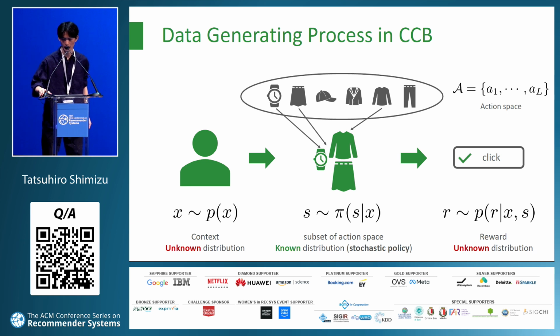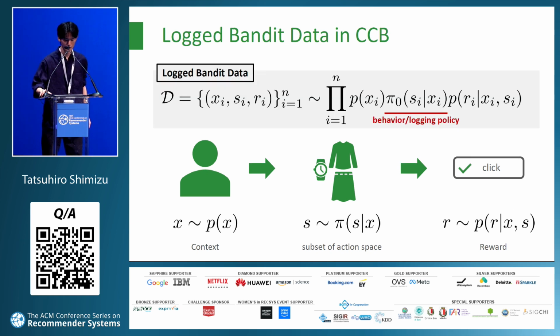Following these three distributions, we can create log bandit data, which is the IID sample from these three distributions. And we call a policy that is used to collect the log bandit data a behavior or logging policy.